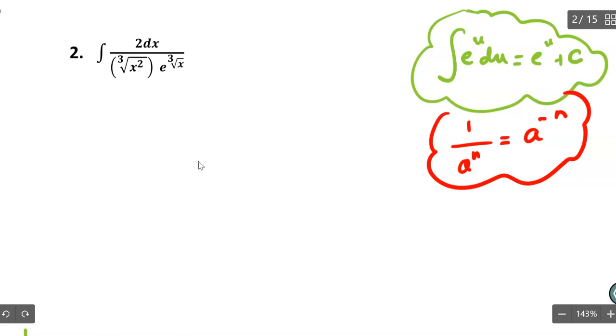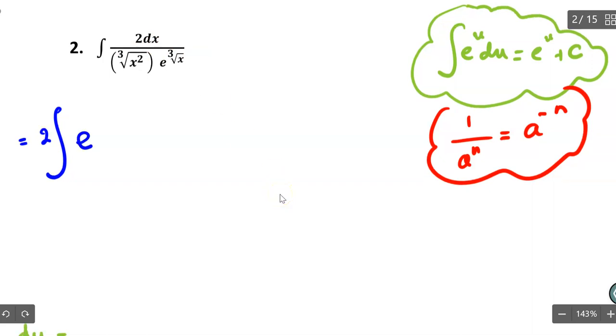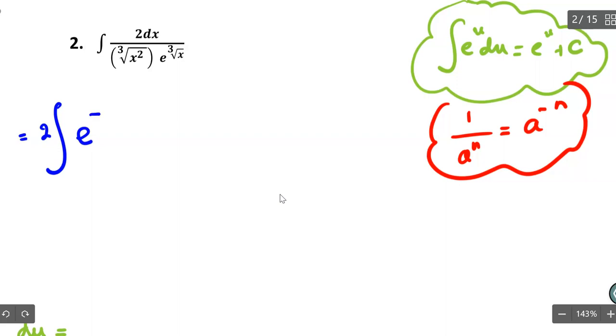Okay, so I can write my integral like this. I may as well bring 2 across the integral sign because that's a constant multiplier. I will bring this e up and make that into the negative cube root of x, right?